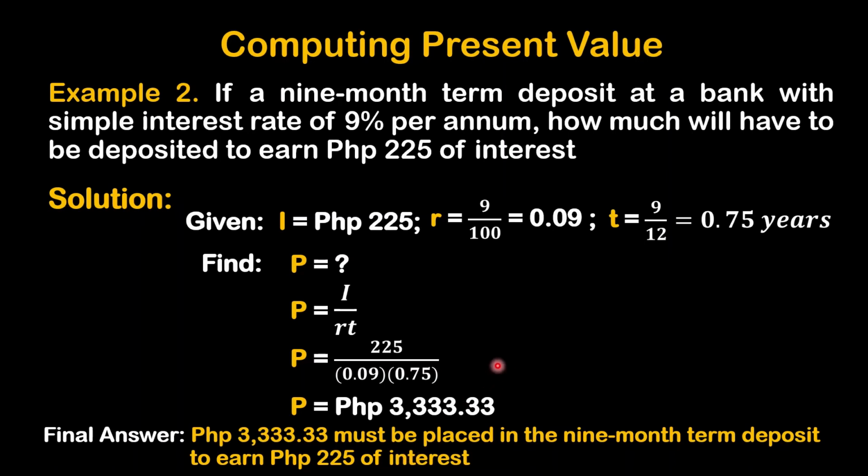So that means this is what we need to deposit, okay? This is what we need to deposit to earn interest of 225 pesos in 9 months. Okay, 9-month term deposit. Okay, so that's the answer for our second example.